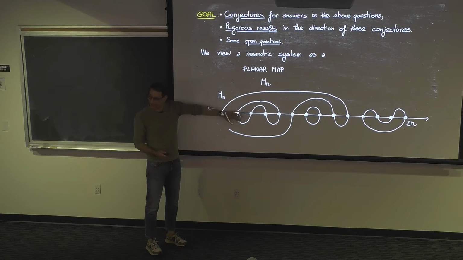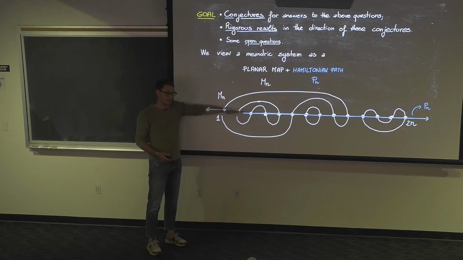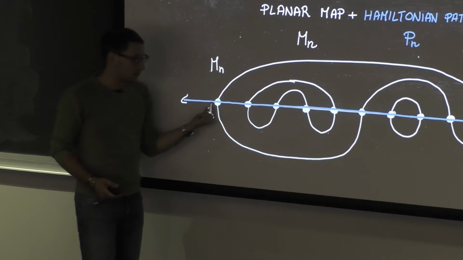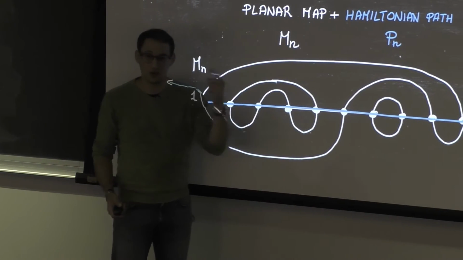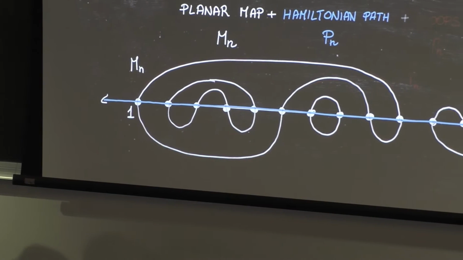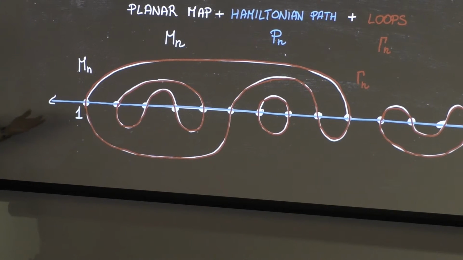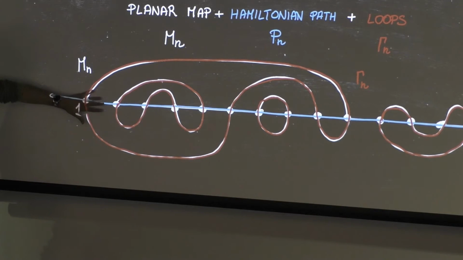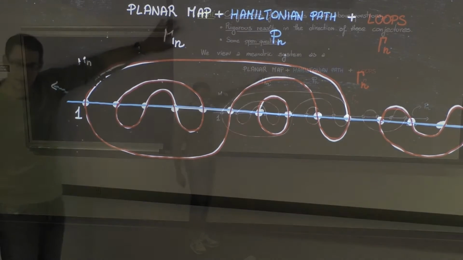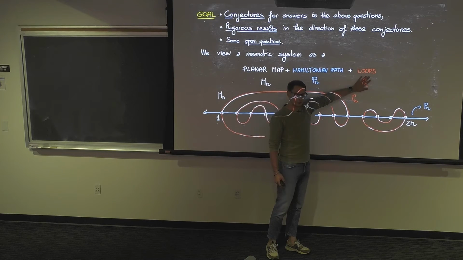Then on top of this planar map, you have a Hamiltonian path, which is given by the line. And this is really just a path that is visiting all the vertices of the graph exactly once. And finally, you have the collection of loops. OK, so I will re-look at this combinatorial structure now as a triplet: a planar map, a Hamiltonian path, and a collection of loops.